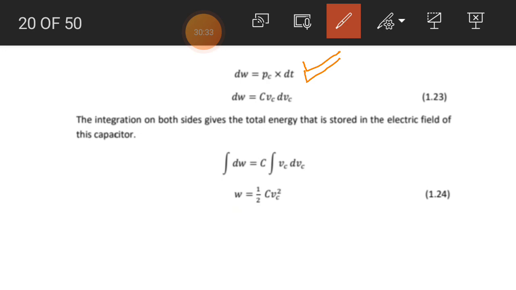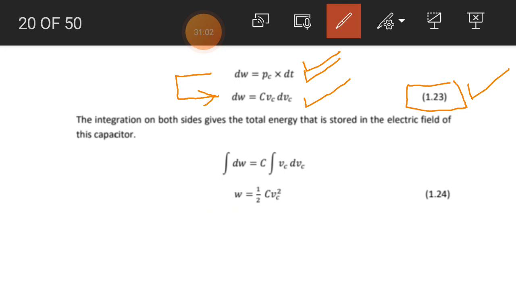So the differential energy, which is equal to PC into dt, will be equal to CVC into dVc. So we use equation number 23 to find out the differential energy which is taken by the capacitor from the voltage source.